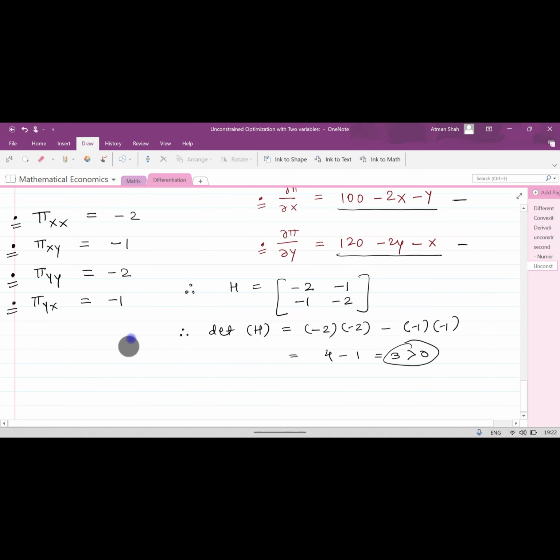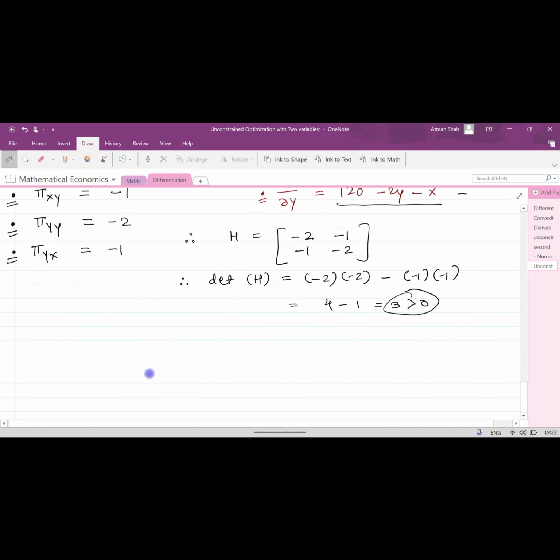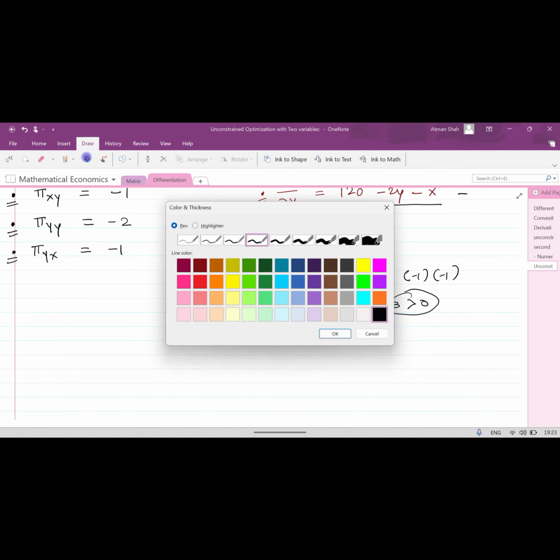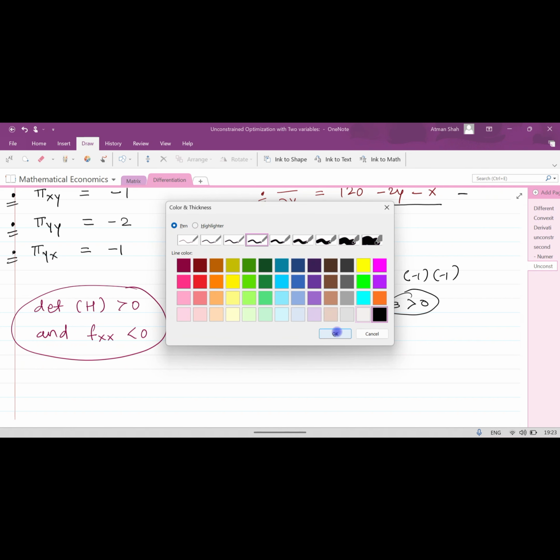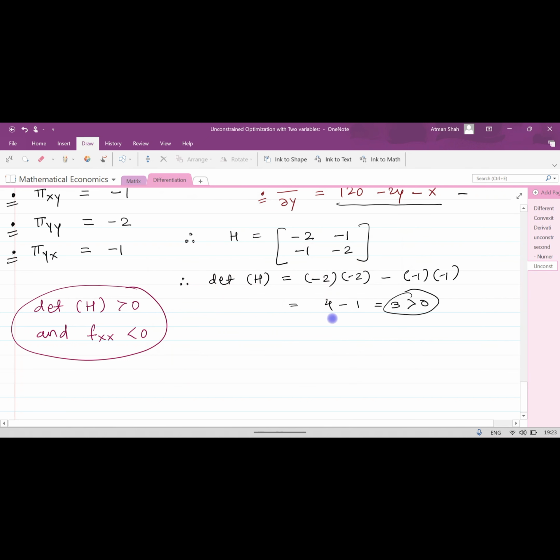Now what is the second order condition for maximization? The second order condition for maximization is determinant of H must be greater than 0 and fxx is less than 0. This is our condition. So see, in this case determinant of H is greater than 0, that is 3.